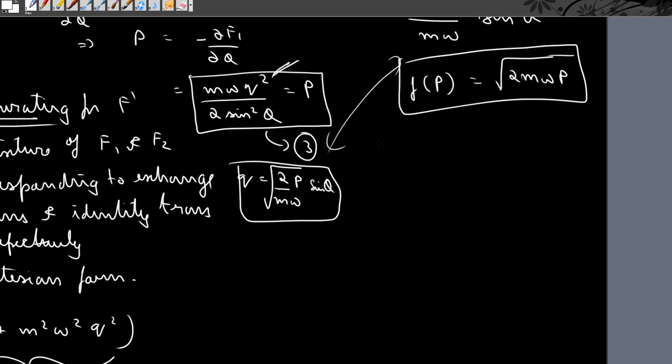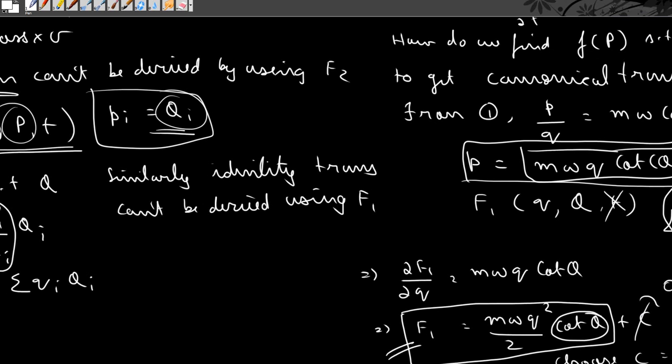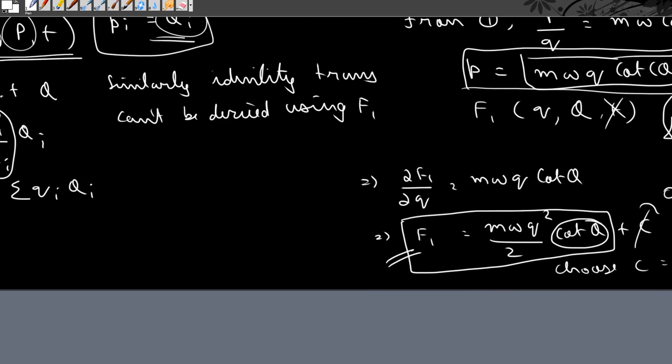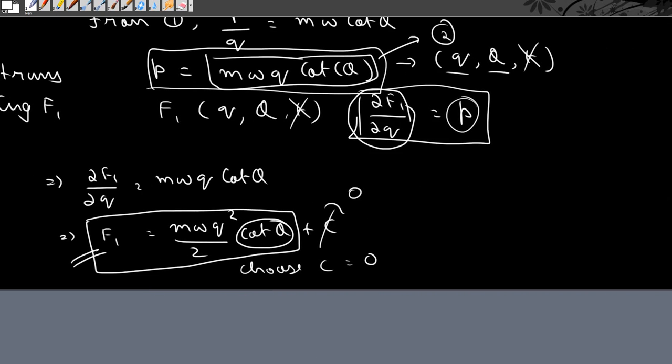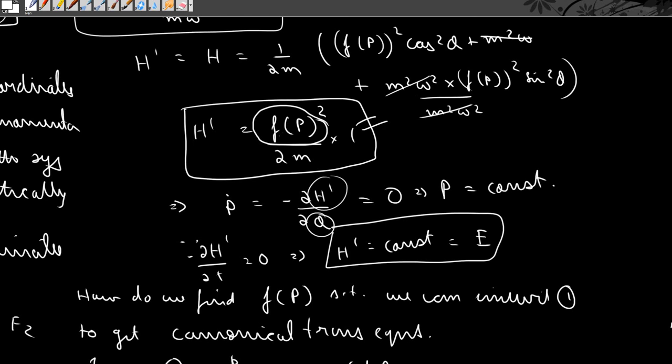Okay, so this means that our H dash is equal to f of P the whole square by 2m, that is what we derived here. So this H dash should be a constant, and this is what we got, f of P the whole square by 2m.